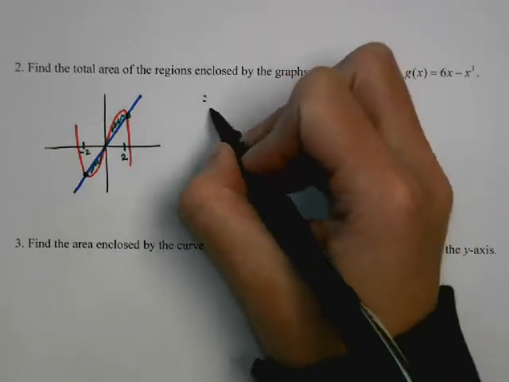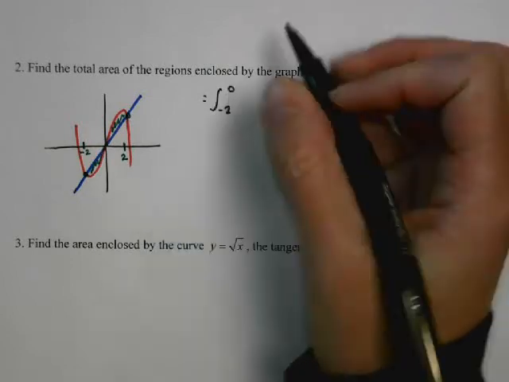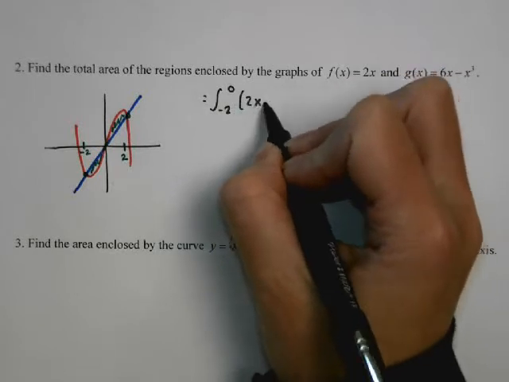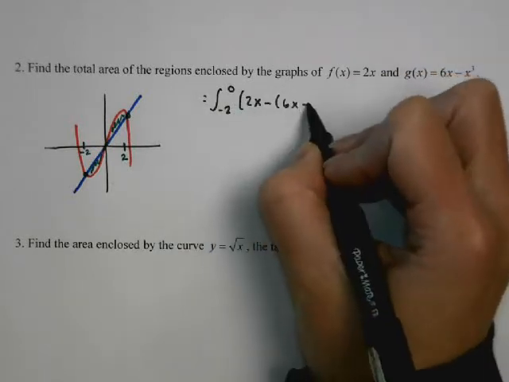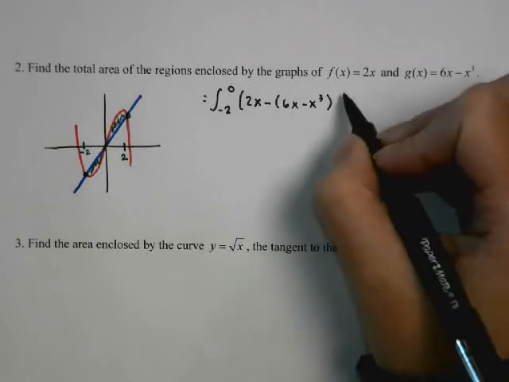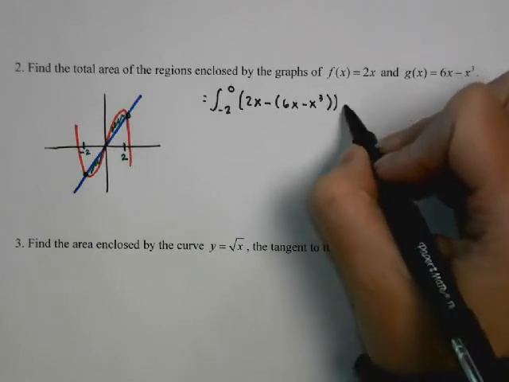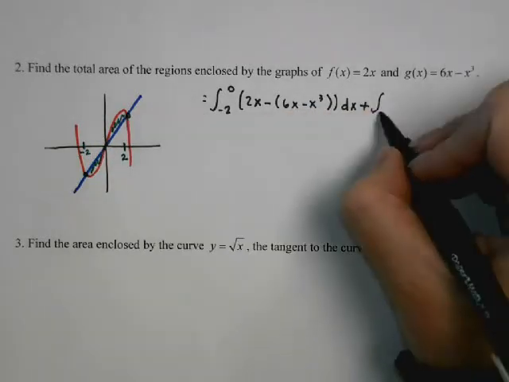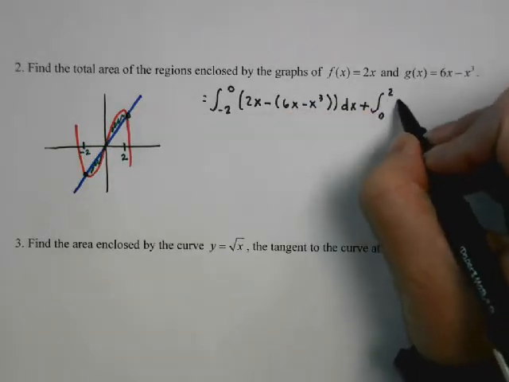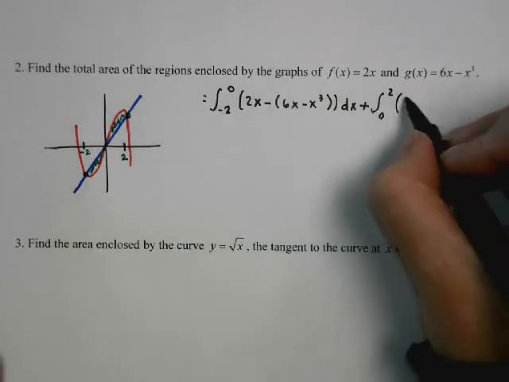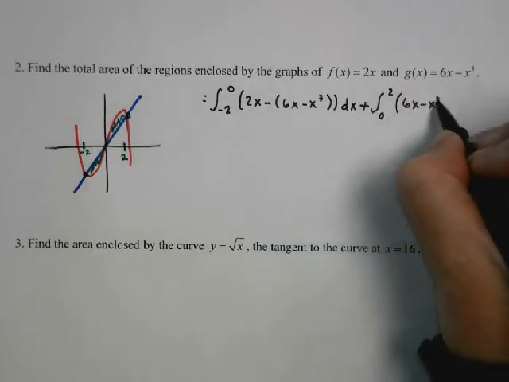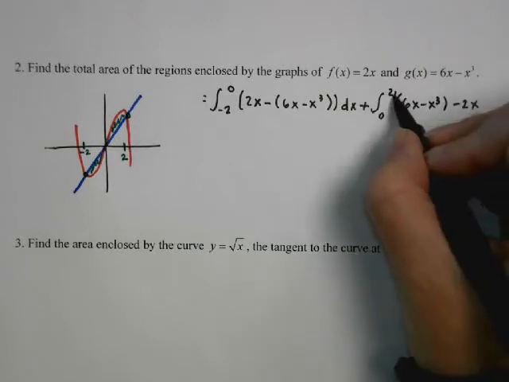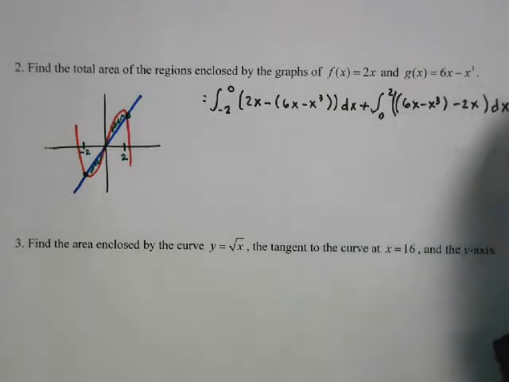So this is going to be the integral from -2 to 0. The top is 2x. The bottom is 6x minus x cubed. And we'll add that to this one, which is going to be the integral from 0 to 2. The top one there is the 6x minus x cubed minus 2x dx.